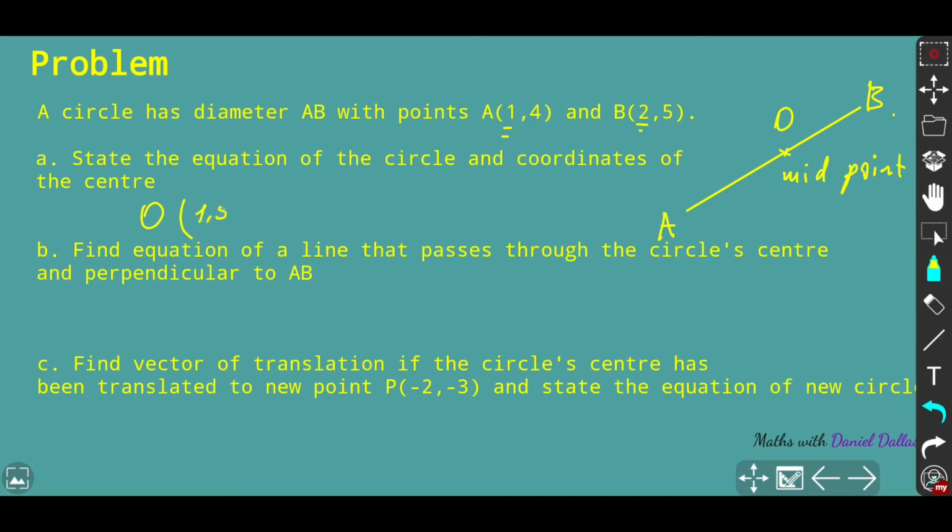And what about y? 5 and 4 give 9, and 9 over 2 is 4.5. That's the center.